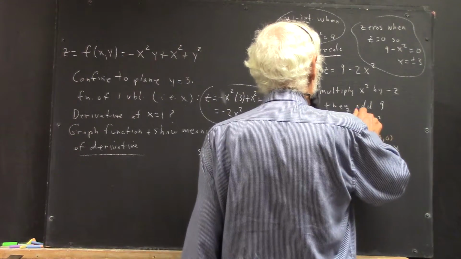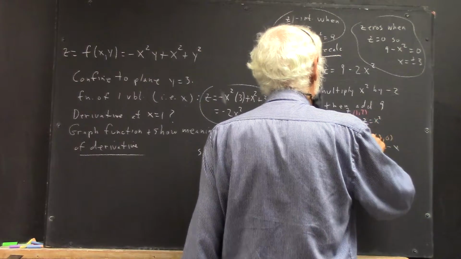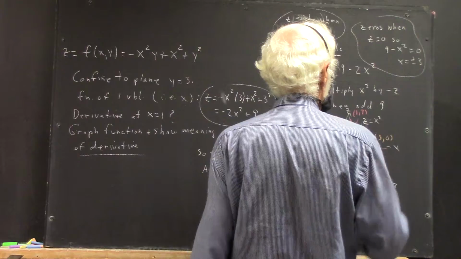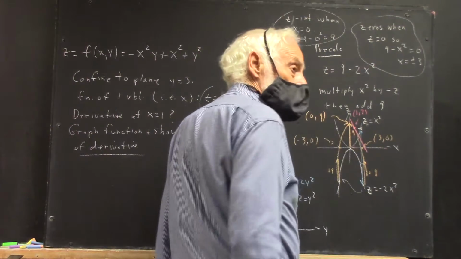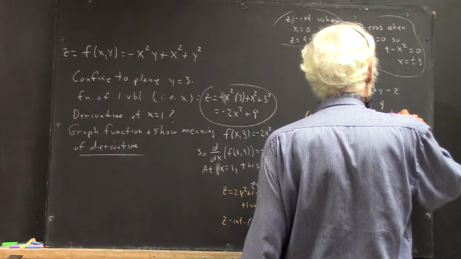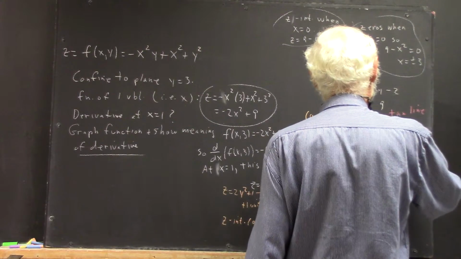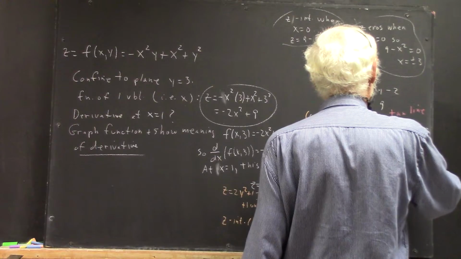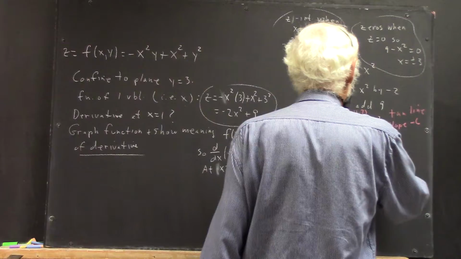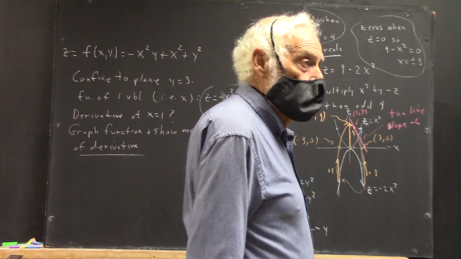So here we have the point 1, 7, and the slope, the derivative, is the slope of the tangent line. Tangent line at this point has a slope of negative 6.